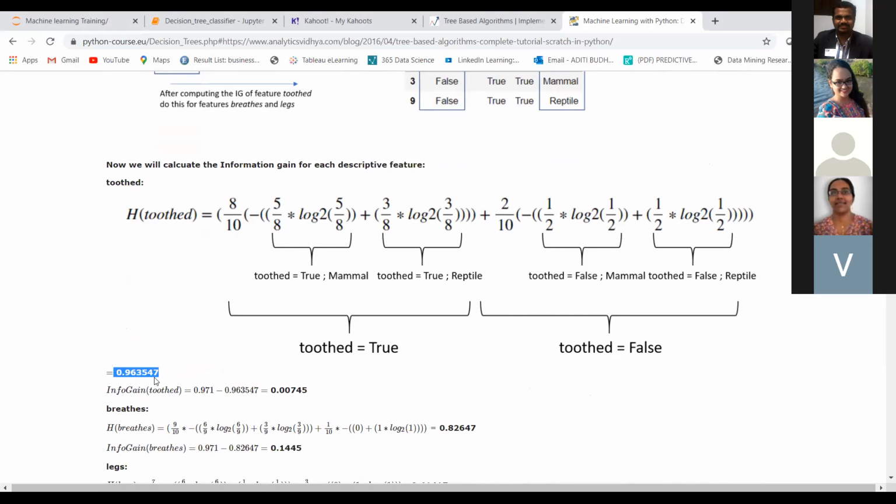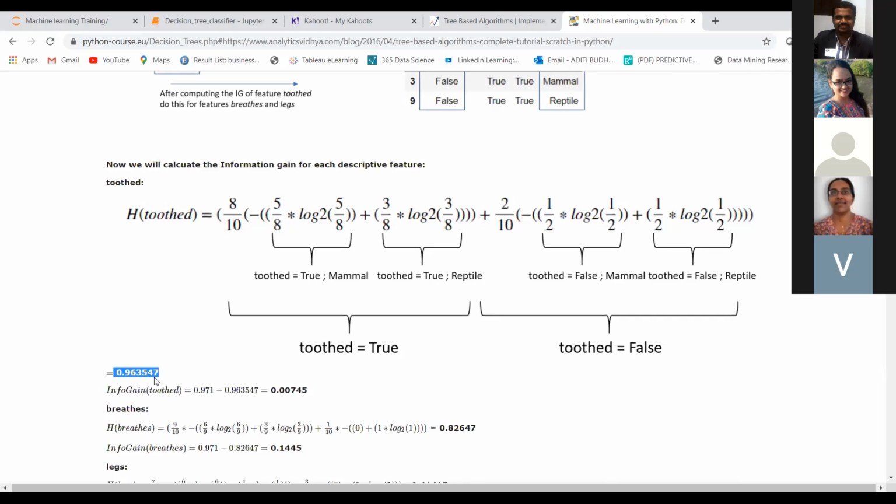So information gain is nothing but the information that the model derives. The model gets some information based on the splitting of data on that particular feature. How much that information gain is decides whether this feature is selected for the splitting.